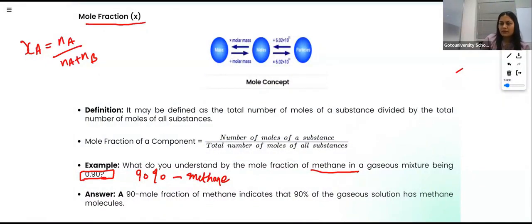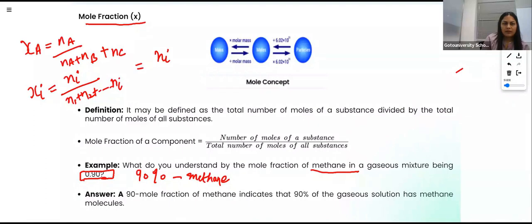If more than two substances are given in a solution, we can also use this formula, Xi, which can be represented as Ni, the number of moles of any substance, divided by summation Ni. Summation means sum of all the number of moles of substances.